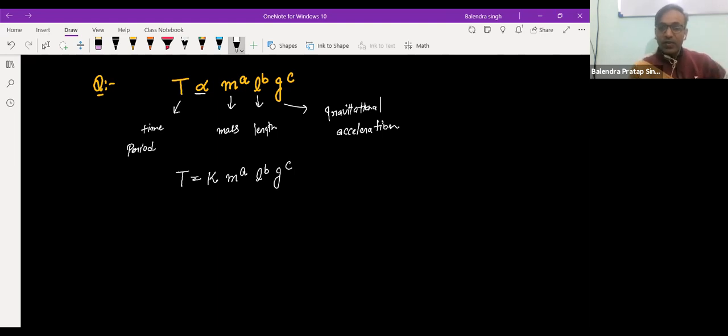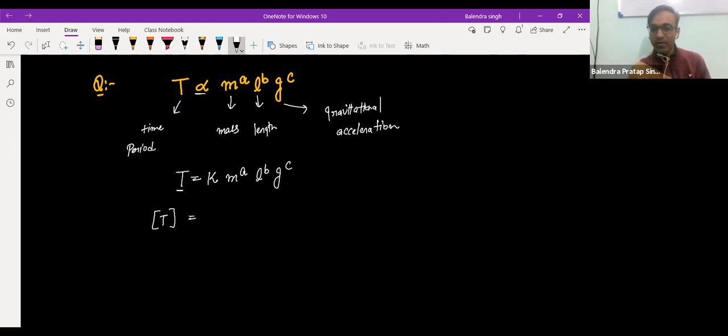Here on the left-hand side, T is the time period. The unit of time period is second, and the dimensional representation of time is capital T. Let's forget about K because it's just a number.